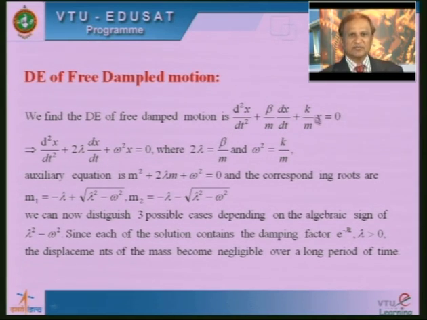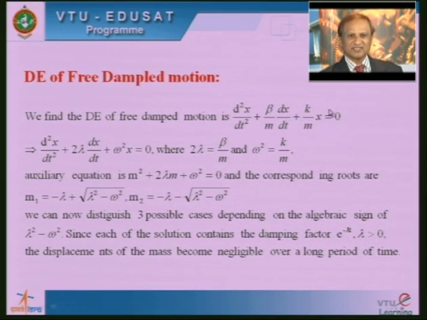The same differential equation can be written in this form: d square x upon dt square minus 2 lambda into dx by dt plus omega square x is equal to 0, right. Simply I have replaced beta by m by another constant, say 2 lambda, and k by m by omega square. Is it clear?